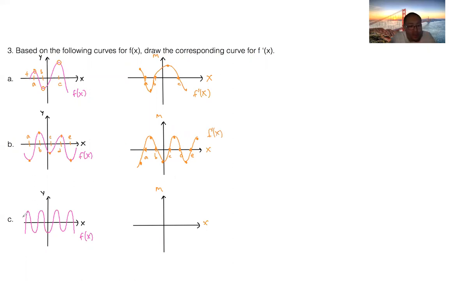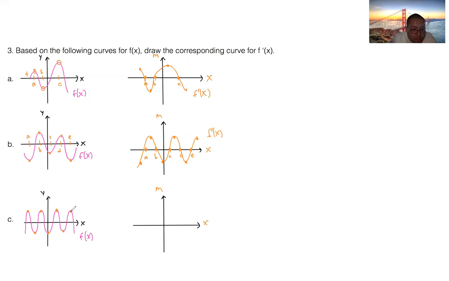On C, same thing. Let's first pick these points where the slope of the tangent line is 0 because there is no rise term, because slope is rise over run, right?